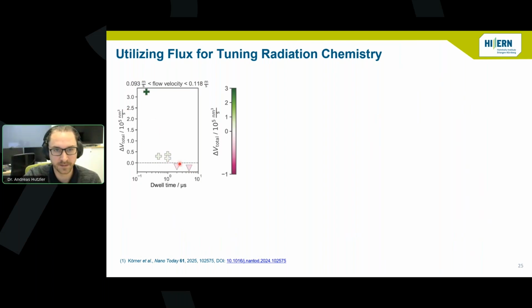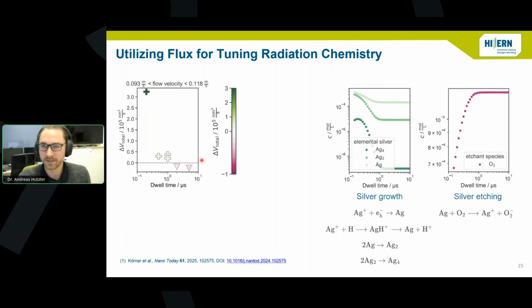And at some point, we even observe etching when passing this line. When looking at the concentrations of the individual silver species, which are responsible for the growth, it turns out, okay, they are also losing in concentration, whereas the oxygen that starts at a very low concentration and builds up for higher dwell times.